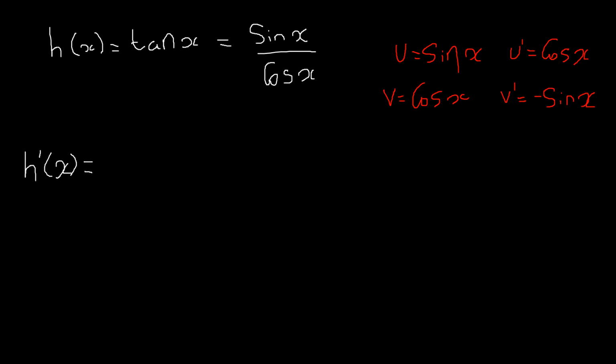cosine x times cosine x, so v times u prime, which is just cosine squared x. Next we will be minusing u times v prime, so we will get negative sine squared x, and because there is a negative sign here, this will become a positive sine squared x.